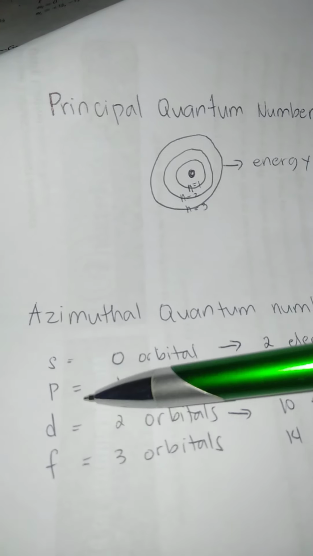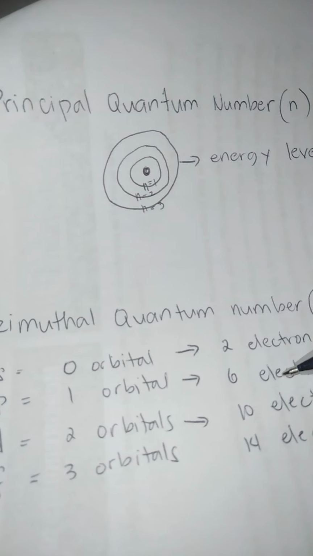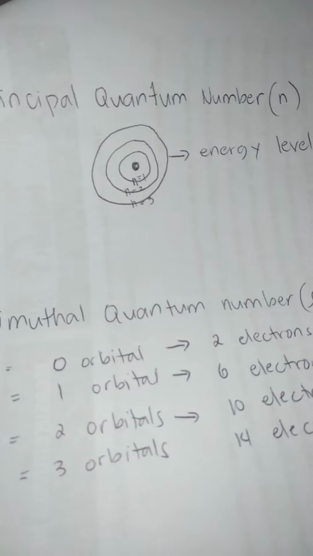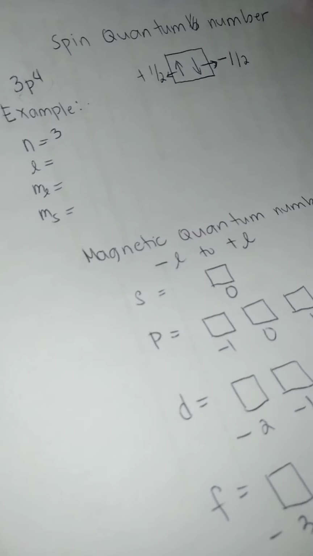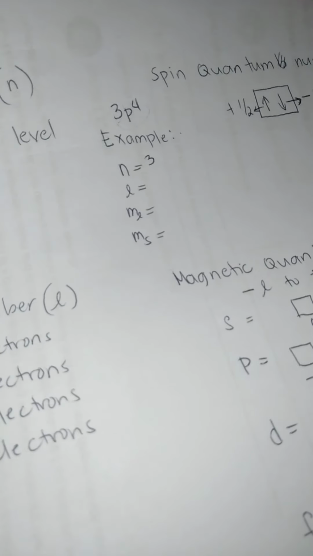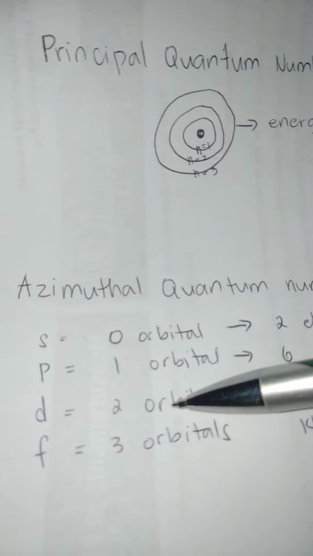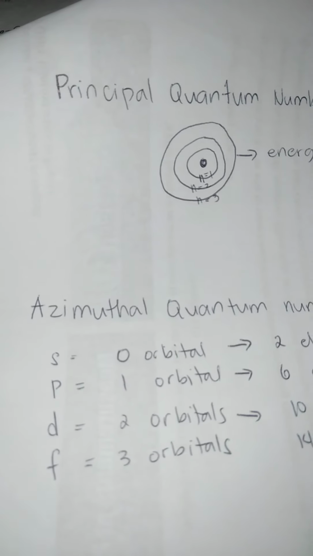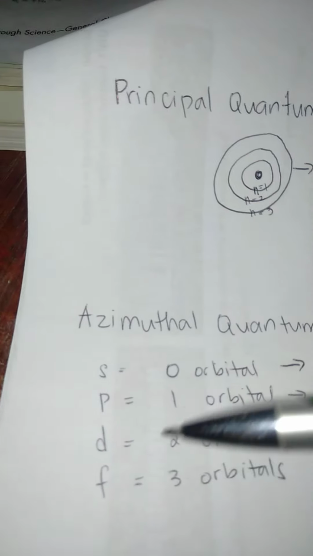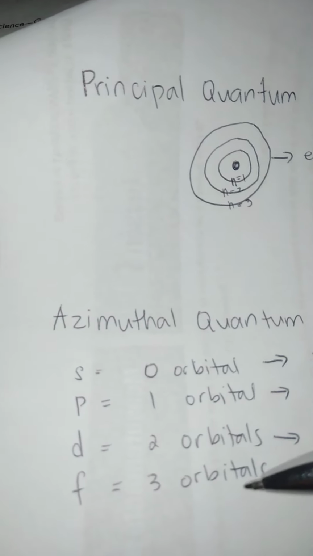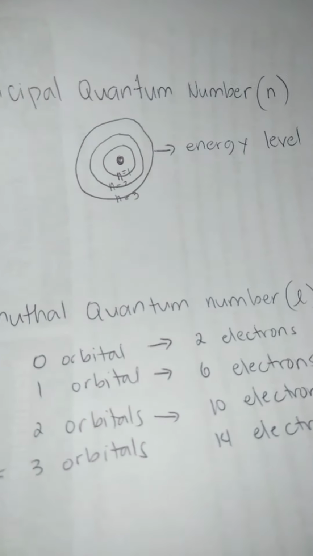The letter P has one orbital, and it can occupy 6 electrons. Why can it occupy 6 electrons? You will be learning that later in the magnetic quantum number. For letter D, we have 2 orbitals, but it can occupy 10 electrons. And then letter F, we have 3 orbitals, but it can occupy 14 electrons.